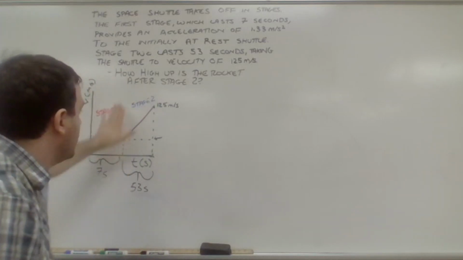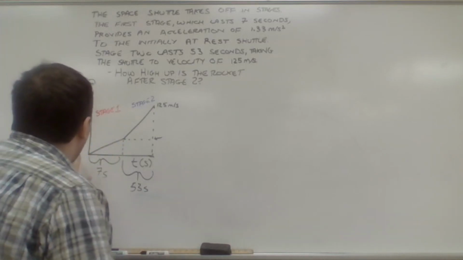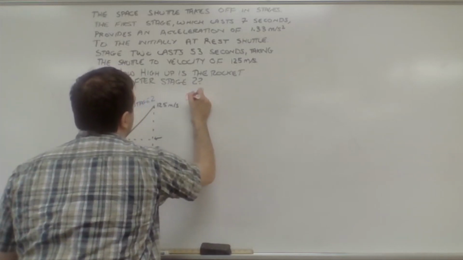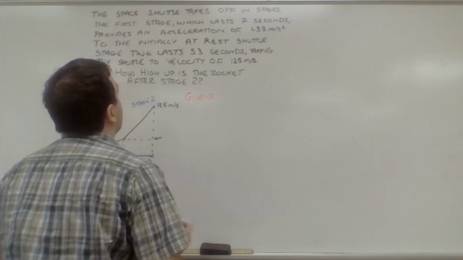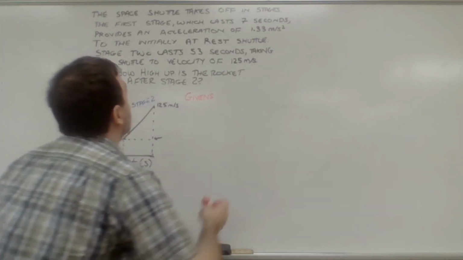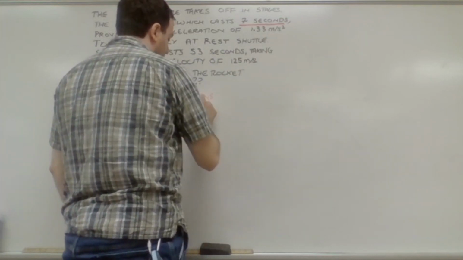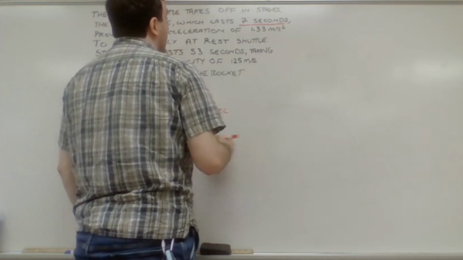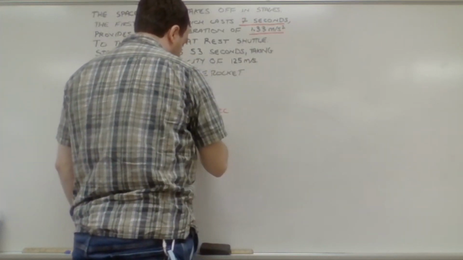Let's start with stage 1 in red, and just pay attention to that. From stage 1, my givens I'll underline in red. It tells me that it lasts 7 seconds, which would be a time. It tells me that the acceleration is 1.33.